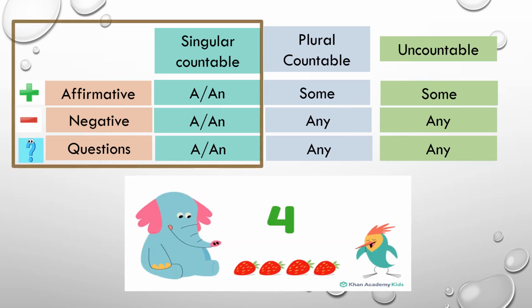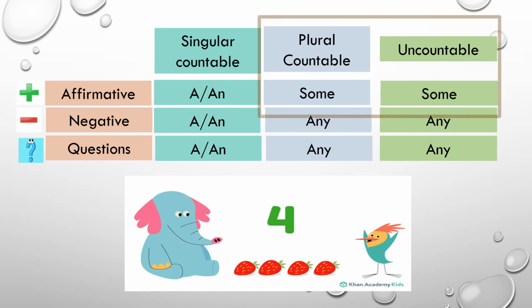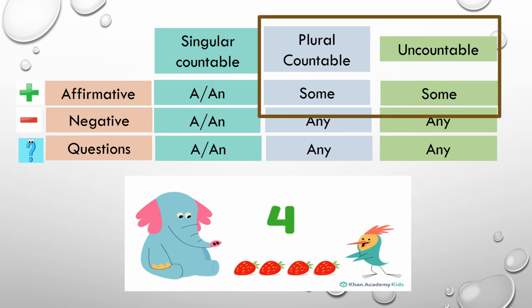As a conclusion, in affirmative, negative and questions, we use a or an for singular countable nouns. Sebagai kesimpulan, kita gunakan dalam ayat penyata, ayat negatif dan soalan a atau an untuk singular countable nouns. In affirmative sentences, we use some with plural countable nouns and uncountable nouns.